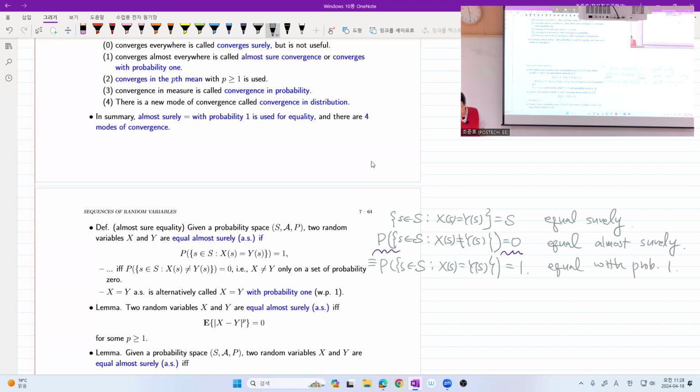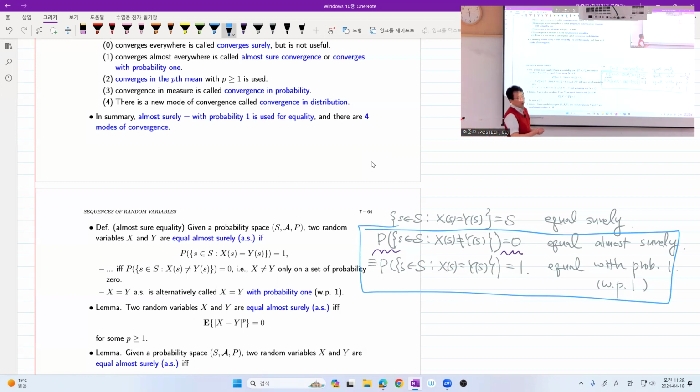This is sometimes called WP1, with probability 1. So with probability 1 means equal almost everywhere, but we prefer the term equal almost surely. So these two are the same.